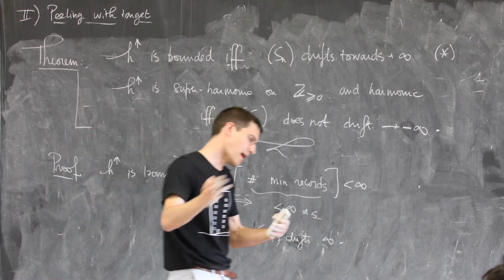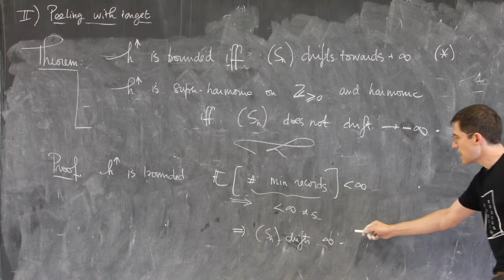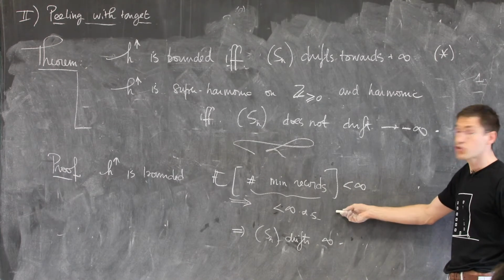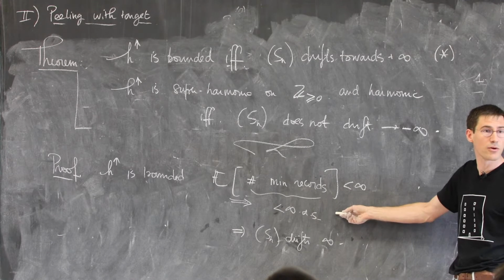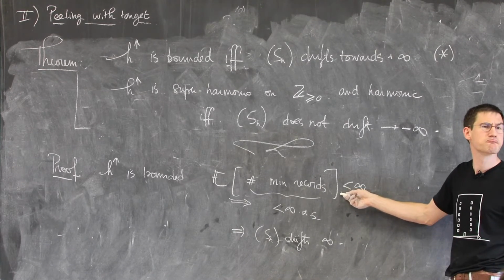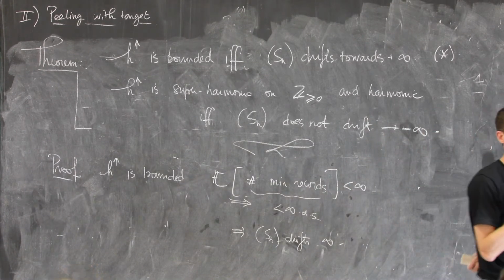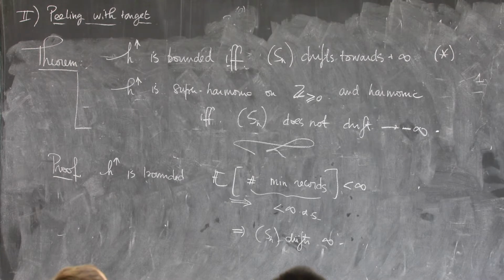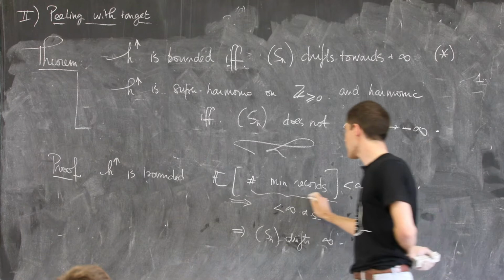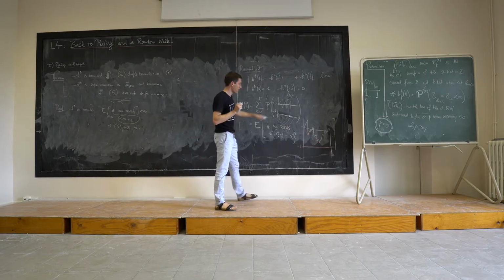As Rémi was pointing out, if we want to go the reverse arrow, if Sn drifts towards infinity, then truly we will have a finite number of minimal records, and so the expectation is finite. And so this guy is bounded. Why? Because the number of records has a geometric distribution.